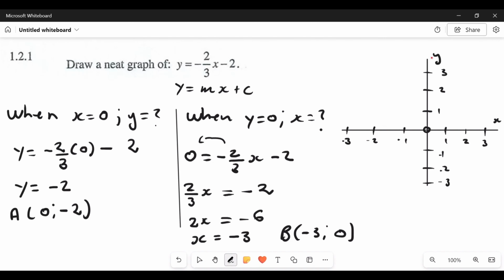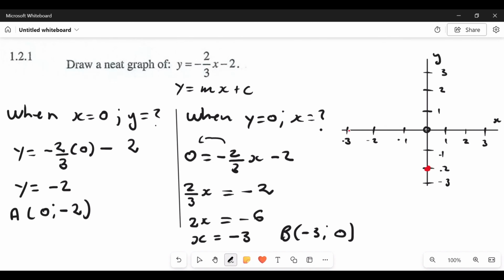So x is 0 on the y-axis, so our y is going to be negative 2 here. And point B states that when x is negative 3, y is 0. By the way, y is also 0 on the x-axis. So our y is going to be here on the x-axis and our x is going to be negative 3.